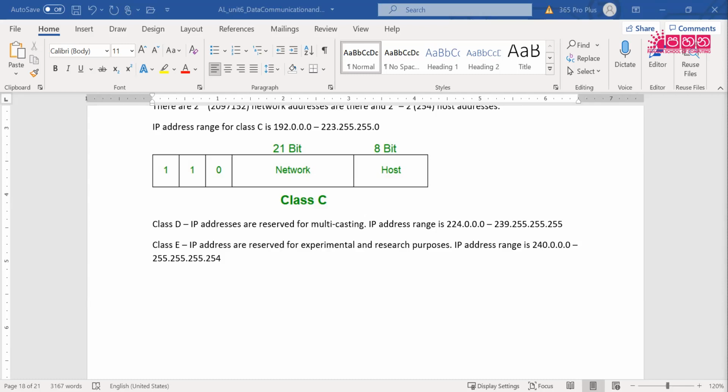Right. So now let's look at some more details about the IP classes. So now we discussed Class A, Class B, Class C. I will give you a small exercise to work on.